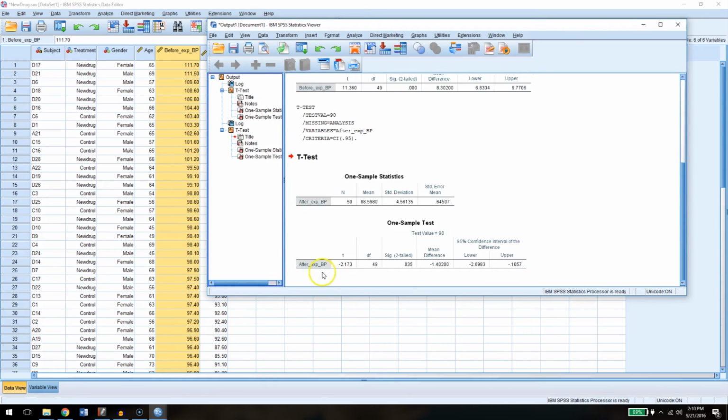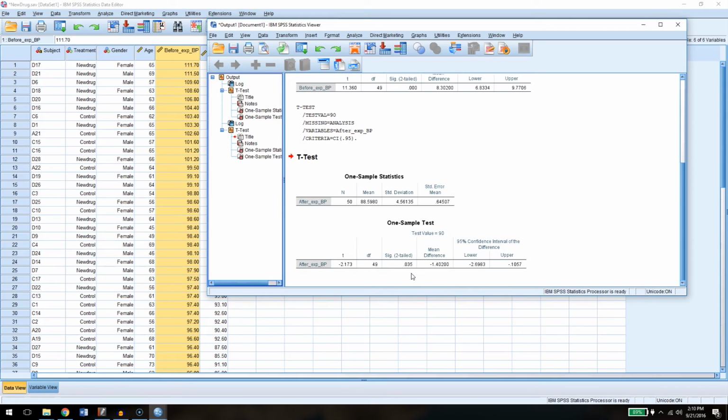And we'll see again here. Now this is the after picture, where t is equal to negative 2.17 because we're actually under. This is negative because our actual mean is less than 90, but just a little bit. So now we wonder, is it significantly less? And we can see here our significance is now not as tiny as before, but here p is equal to 0.035.